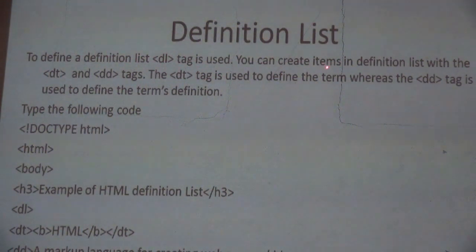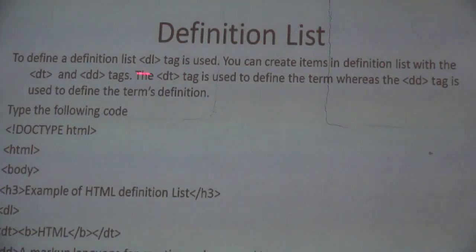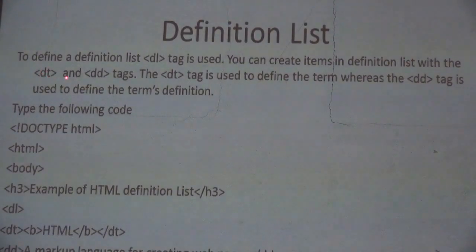You can create items in a definition list with the DT and DD tags. The DT tag is used for definition terms. The DT tag defines the term, whereas the DD tag defines the term's definition.